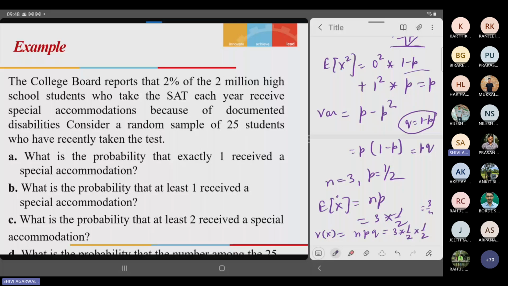I am not uploading my notes because they are not in the proper manner. I am writing just to explain it. Somewhere it is cutting, somewhere I am writing somewhere else, so it will create confusion only. That's why I'm not uploading the notes here. I am writing because of the time problem and the lack of space. The answer here is 3/4.